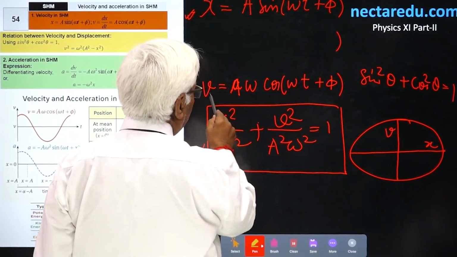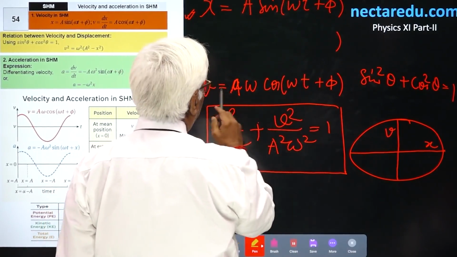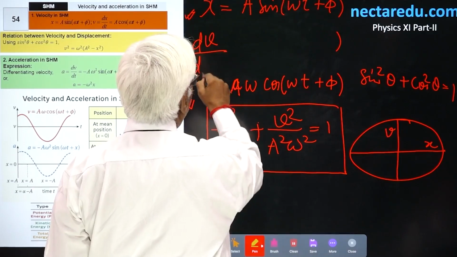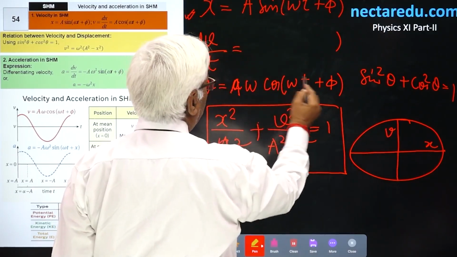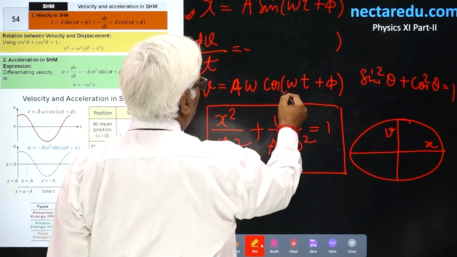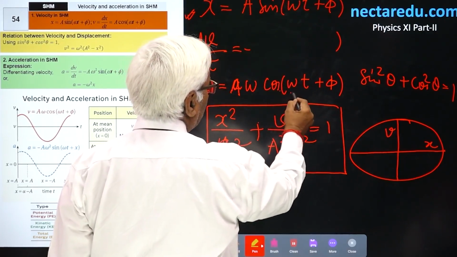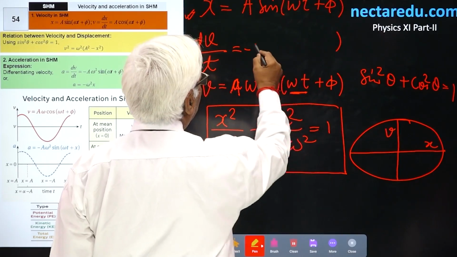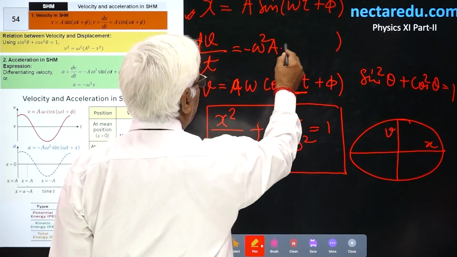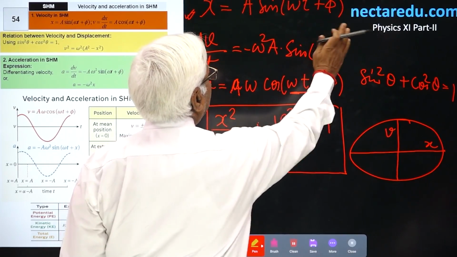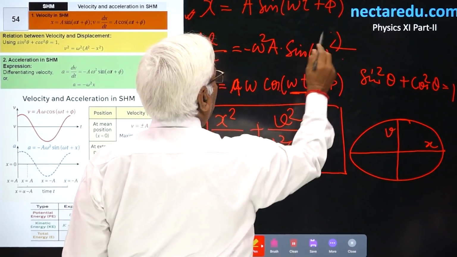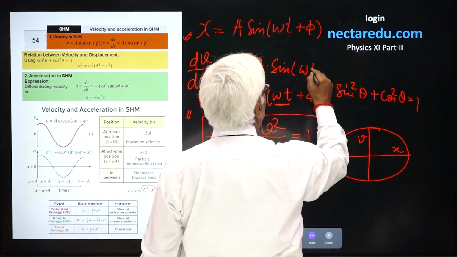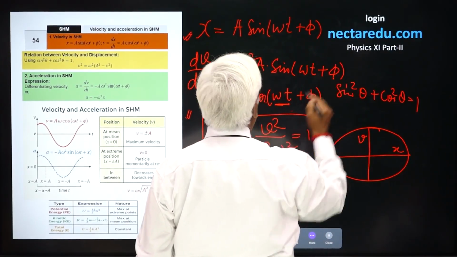Now further you want to just differentiate velocity in order to get acceleration. You will put dv/dt. This is going to be cos becomes sine and minus. Then when you differentiate this omega t plus phi, again you will get one omega. This is omega squared A sine(omega t plus phi).